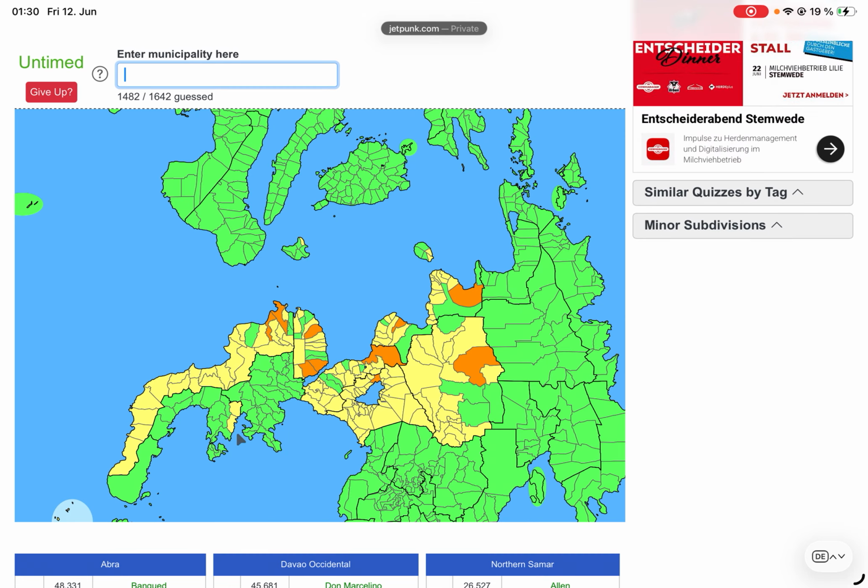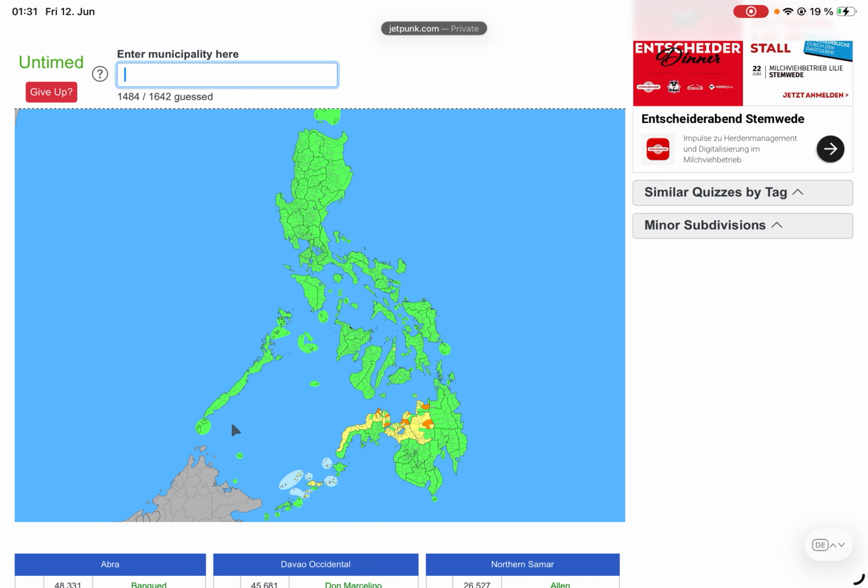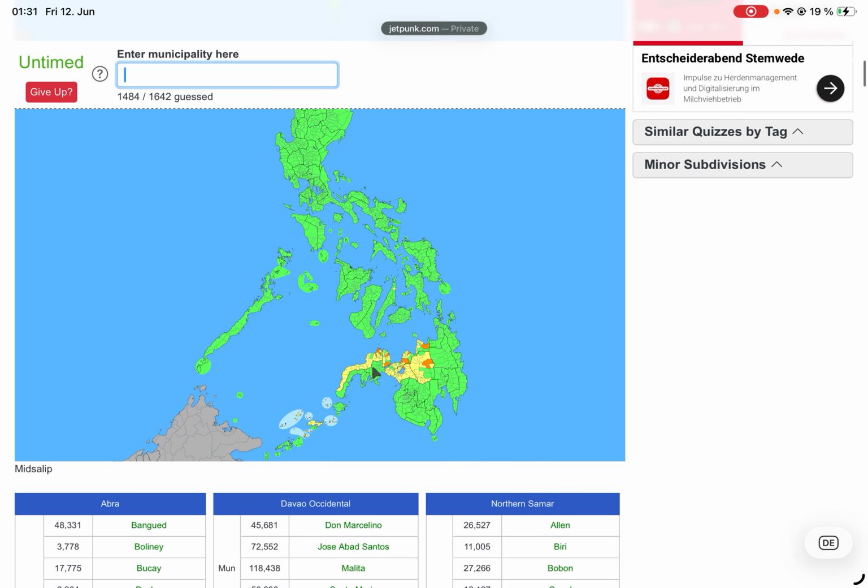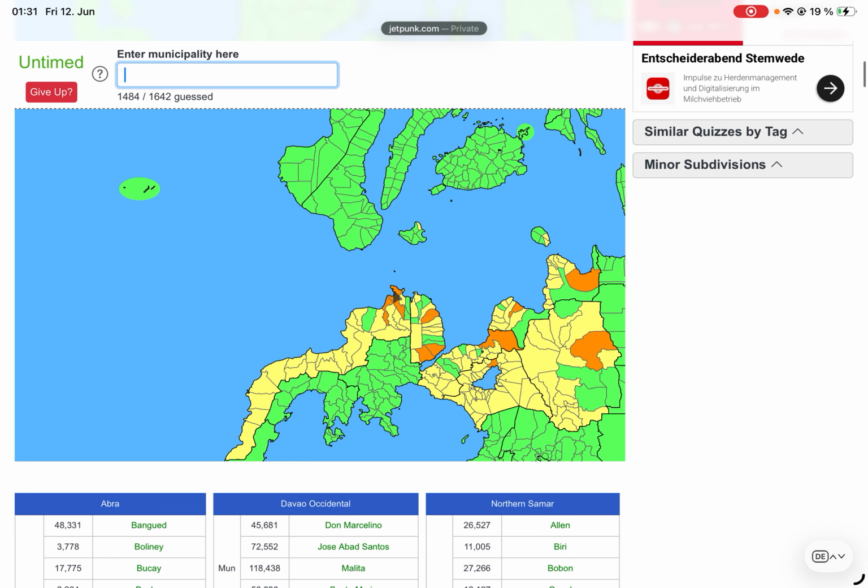All right. Let's finish Zamboanga Sibugai here. We are missing Buug and this one, which is Malangas. And then we can continue with Zamboanga del Norte.